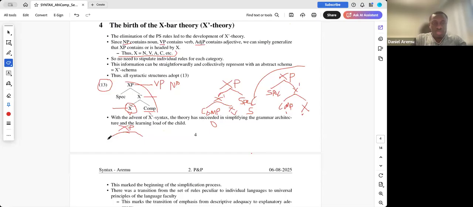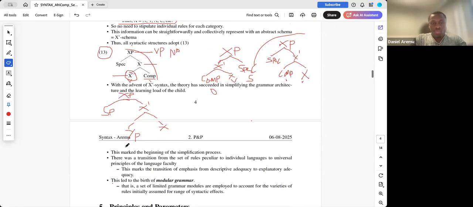Don't mind my structure. So you can have maybe a spec. I'll just use SP for spec, and then you have X bar, and then you have a YP, and if you have the head of the X, and then in this YP, the final over final condition says that I will just represent the head here, just Y. So if you have a structure like this, it's fine.